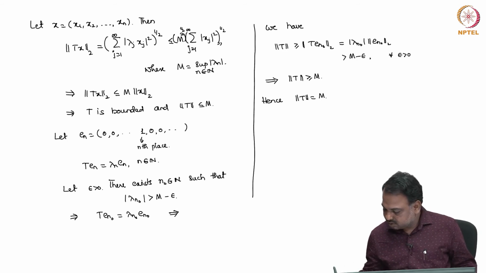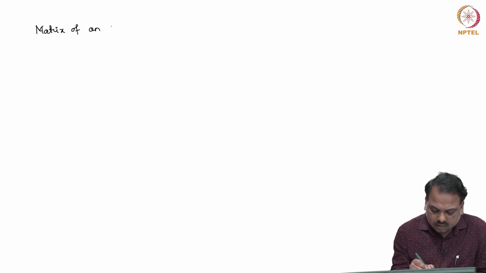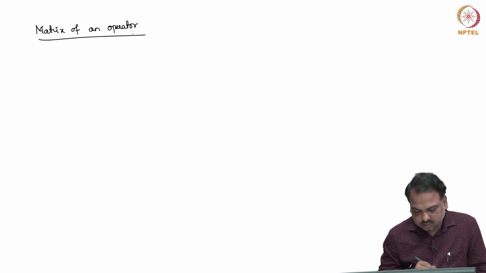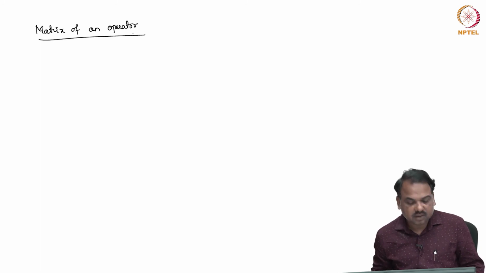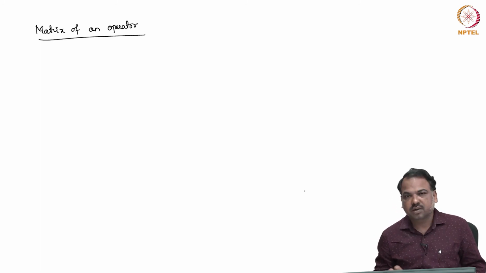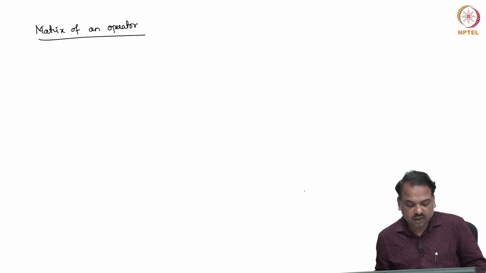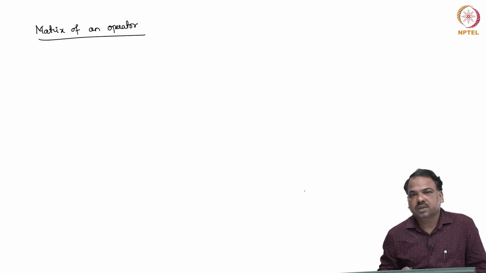So next we discuss the matrix of an operator. The motivation for discussing this concept is that the operator we defined earlier on L2 gives an infinite matrix, which is a generalization of the finite dimensional setup.